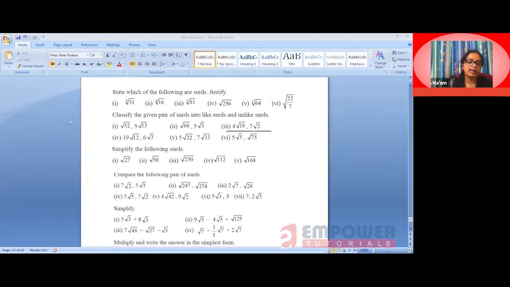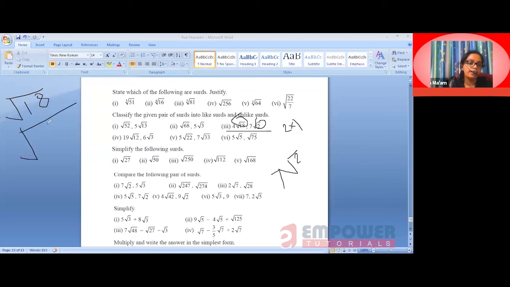See, you cannot factorize 2. What are the factors of 2? 2 and 1. So this will come in this form only: 7 root 2. But if you see root 18, I can factorize 18, no? I can write it as 6 into 3 or 9 into 2.